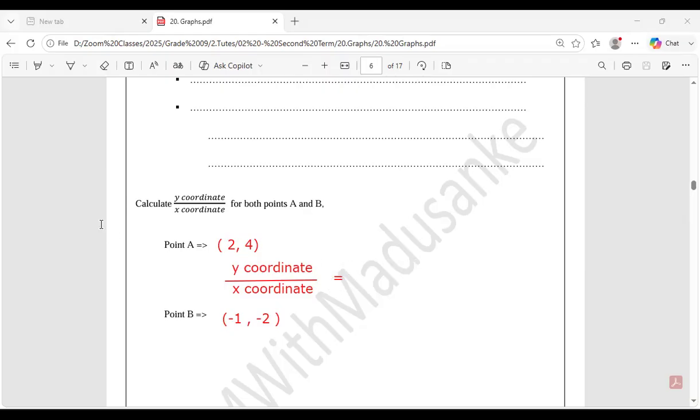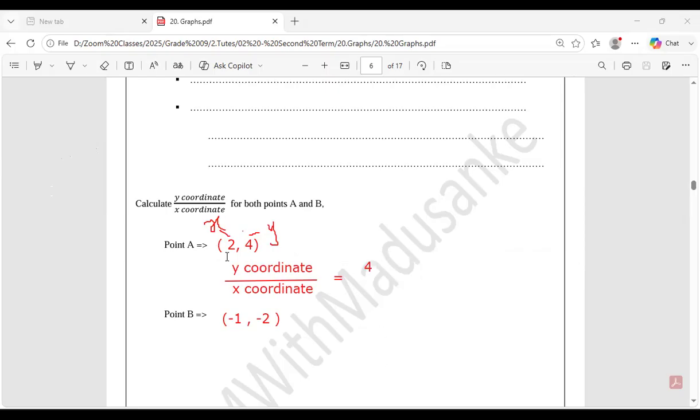What is the y coordinate of point A? Y coordinate is 4. X coordinate is 2. You need to identify that, otherwise you will get the wrong answer.